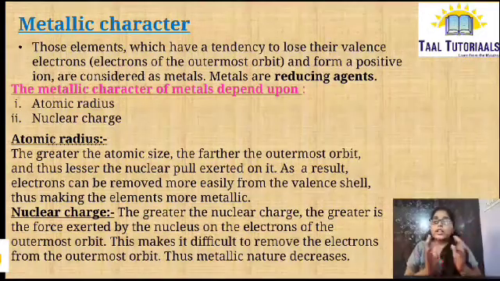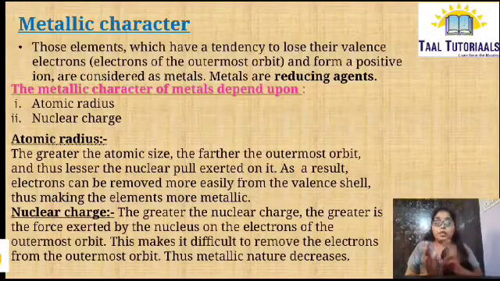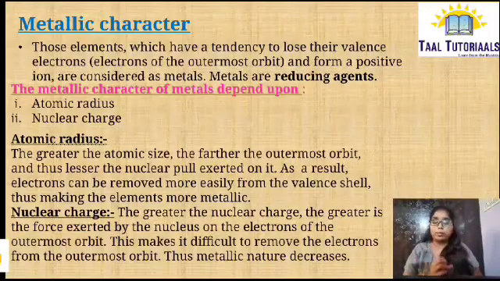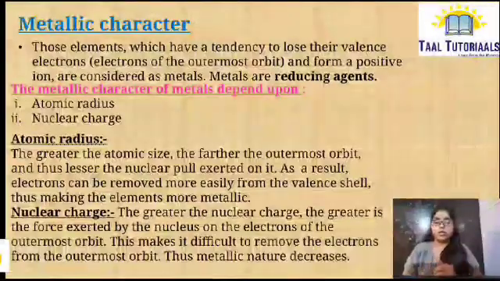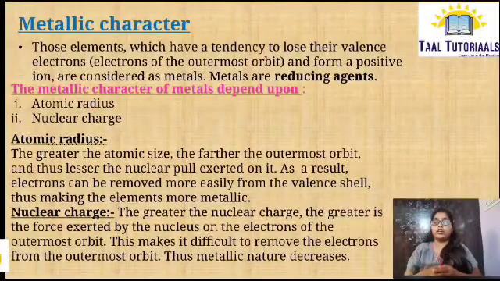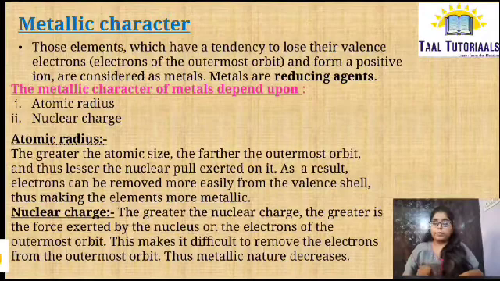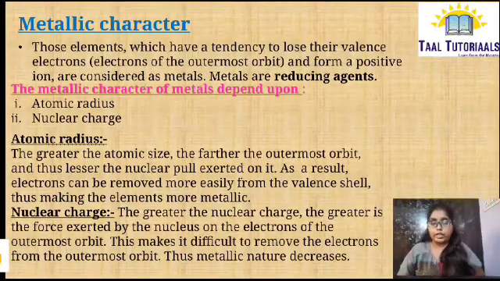If the atomic radius increases, there is more distance between the nucleus and the outermost shell, which means there is a lesser pull from the nucleus to the outermost electrons. As a result, electrons can be removed more easily from the valence shell, because there is less nuclear pull. That makes metallic formation easy.